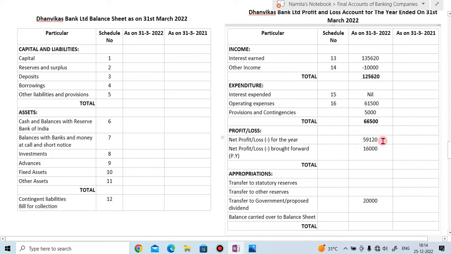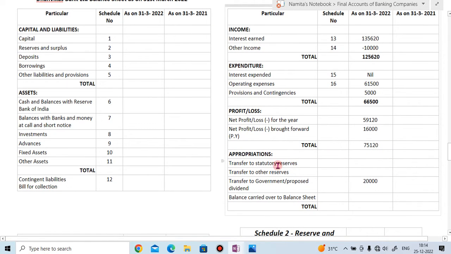So now add this profit and loss, both current year profit and previous year profit. Total will be 75,120. Okay. Now here appropriation. See, transfer to statutory reserve. Now compulsory there is 20% of profit, it is to be transferred to statutory reserve.